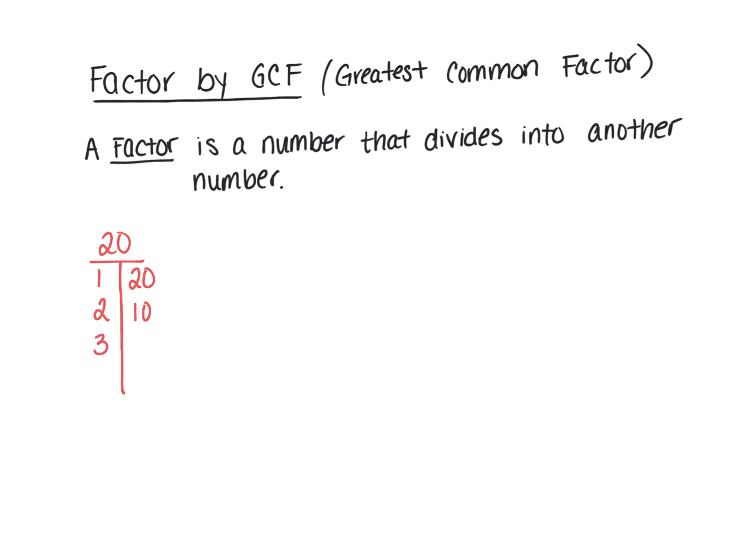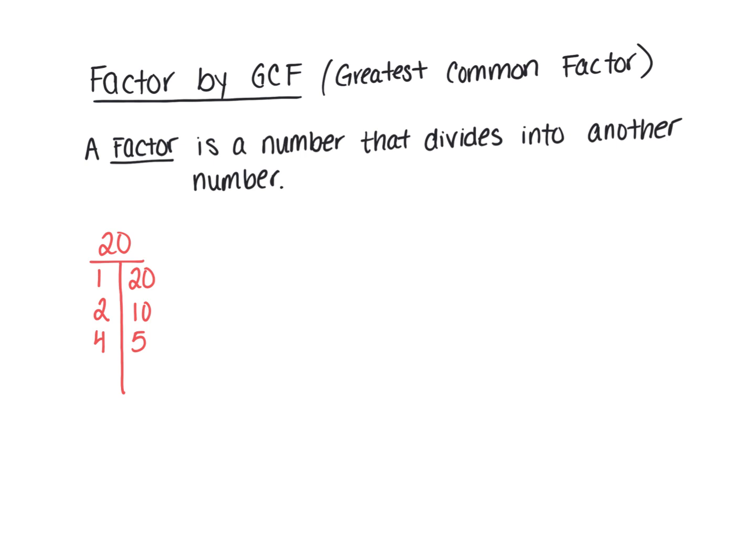Does 3 times anything give you 20? And you should kind of be thinking, no. So then we move on to the next number. How about 4? Yeah, 4 times 5 gives me 20. And then the next number would be 5. But what you notice is that you've repeated because 5 is already on this side. So there's no need to put this 5 here because 5 times 4 would also give us 20, which is the same thing as this one. So we don't need this one.